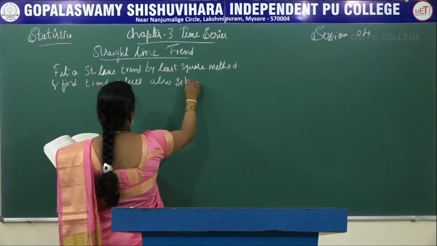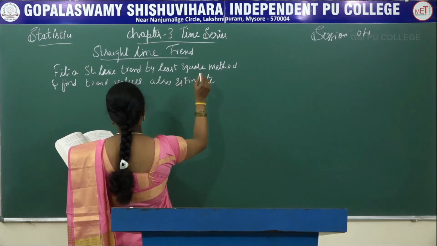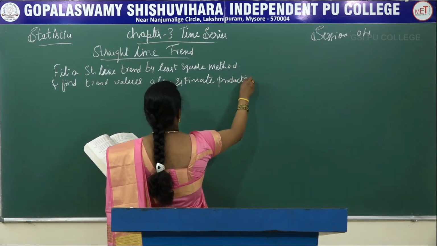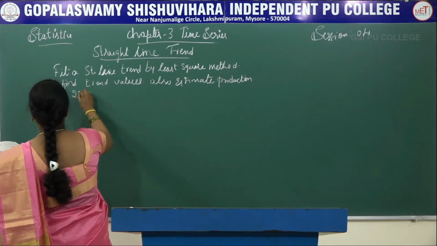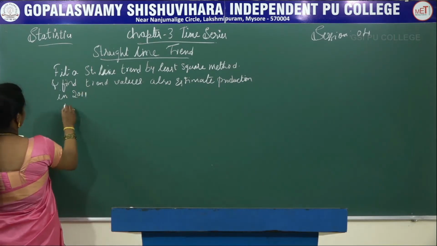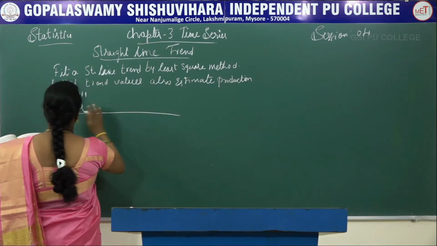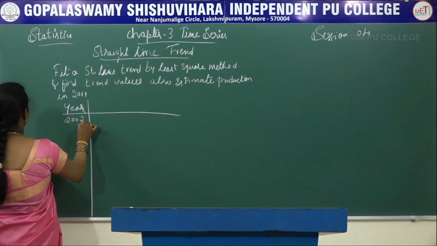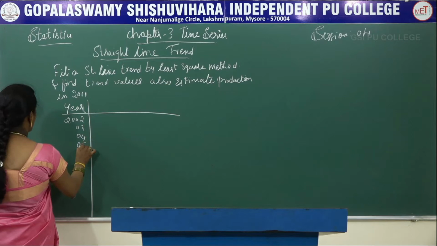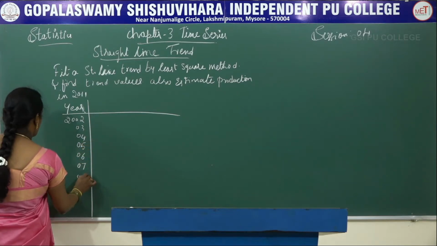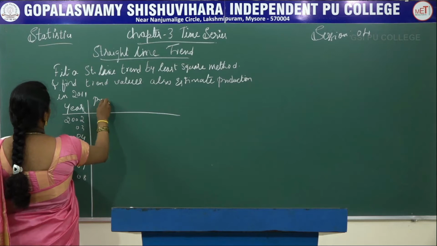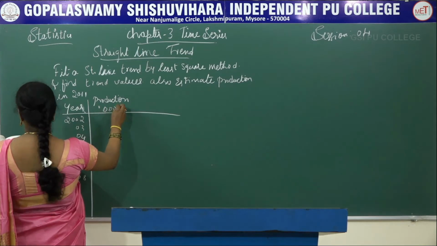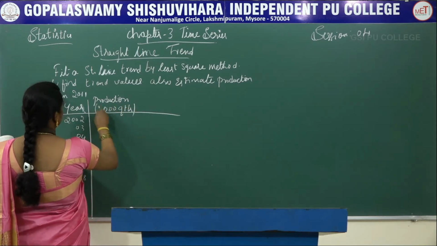Also estimate production in 2011. They have given the years 2002, 3, 4, 5, 6, 7, 8, and production in 1000 quintals.